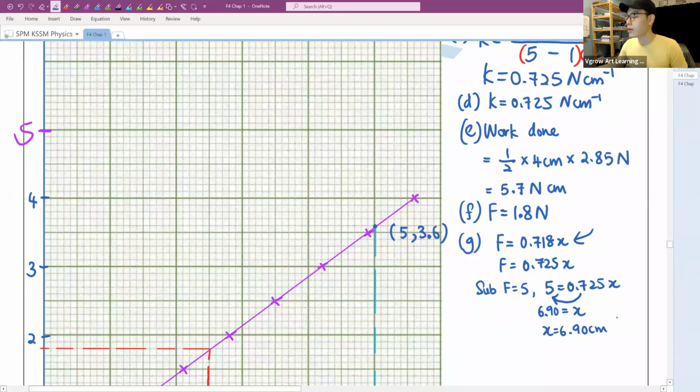Okay, so equation is very useful because I can just sub in the F or the X and then find out the other one. So yours maybe 6.96. Okay, 6.96 cm. You can just leave it like that.